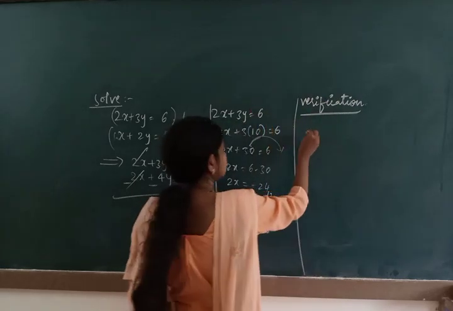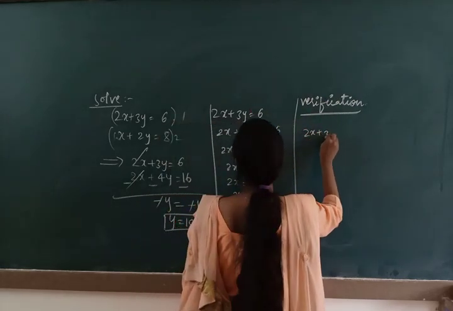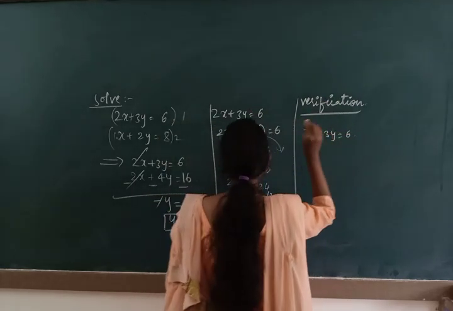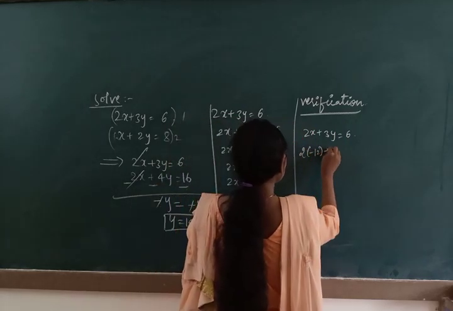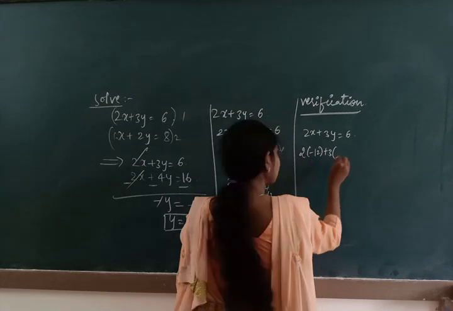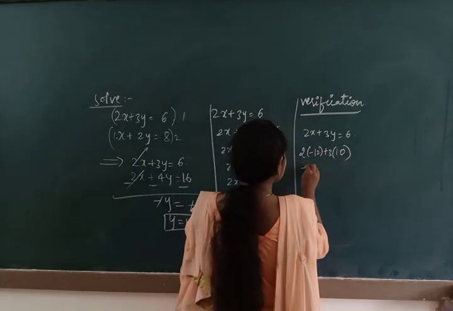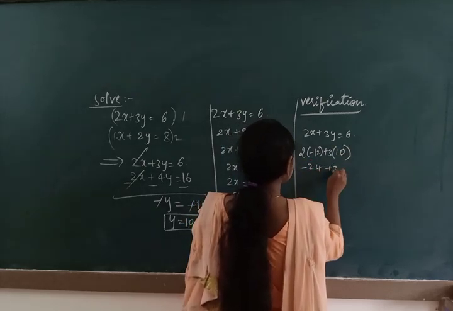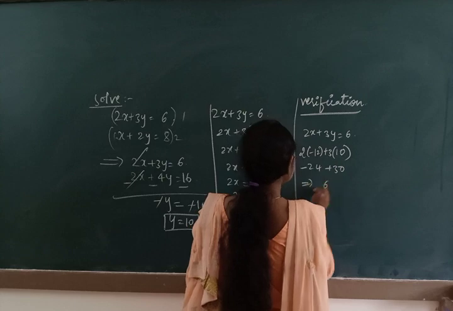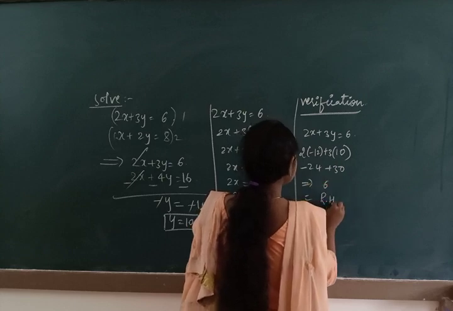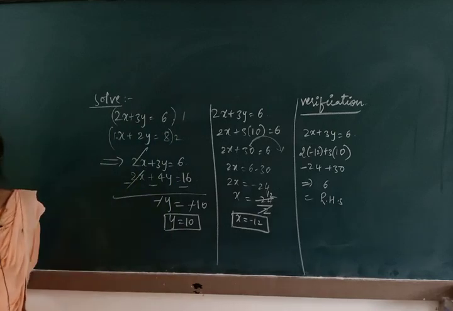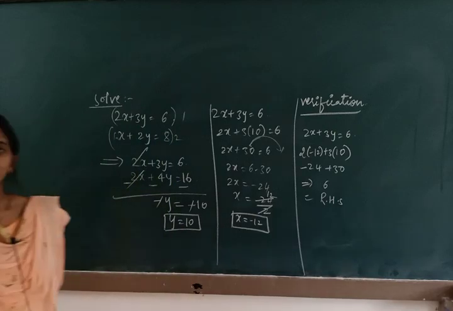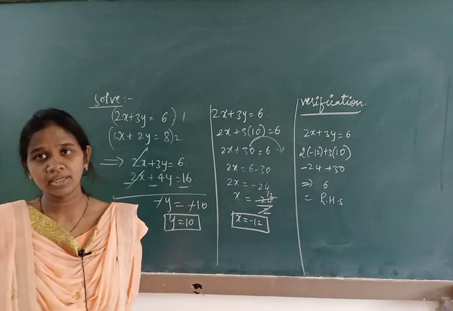So, verification: 2x plus 3y is equal to 6, x value is minus 12 plus 3 into y value 10, minus 24 plus 30 which is equal to 6, which is equal to RHS. So in this way we are going to solve the system of linear equations.